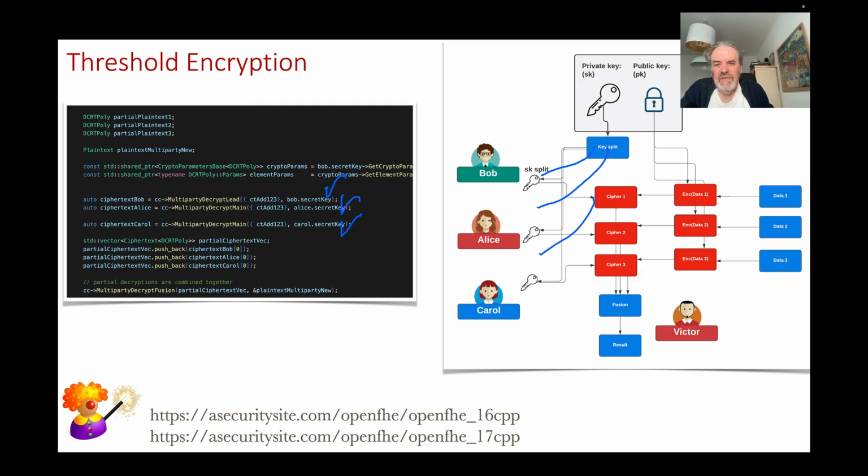Each of them would create their own signature. And then we can just aggregate these signatures together to produce the overall signature. It is also possible to do it for encryption of data.